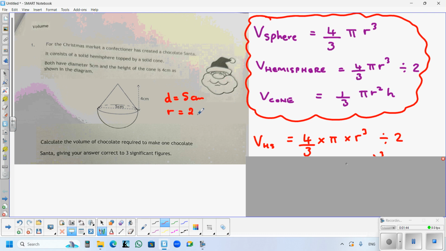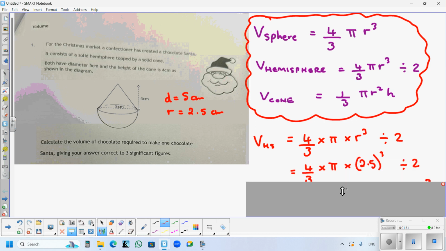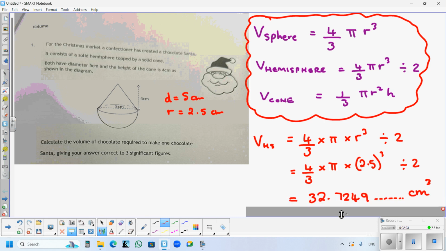Now, all we have to do is sub all of that into a formula. So we've got 4/3 times pi times 2.5 all to the power of 3, and whenever I've got the answer to that, I divide it by 2. So put that into your calculator, check your answer. It comes out to be 32.7249, and it goes on and on.